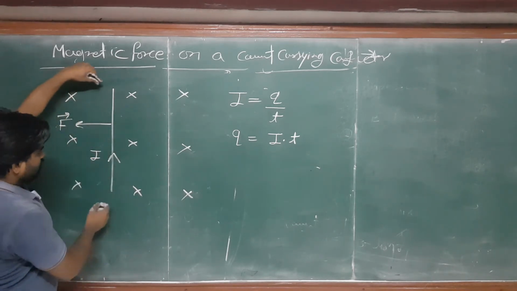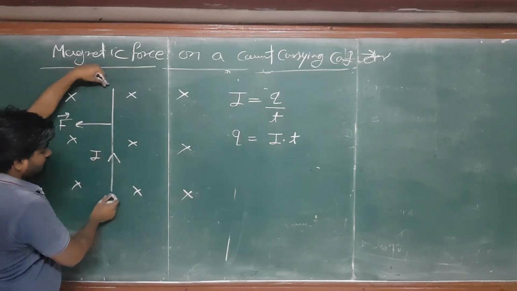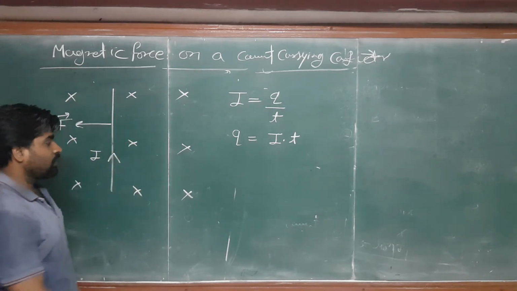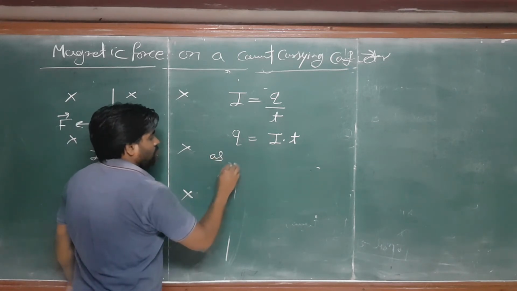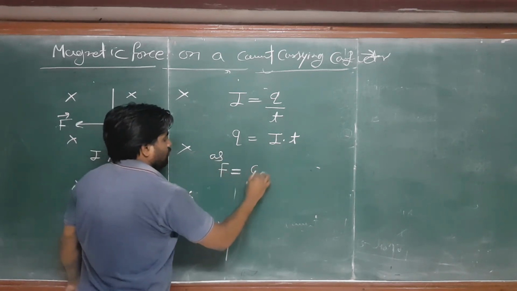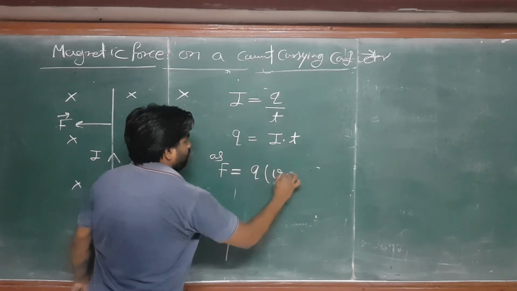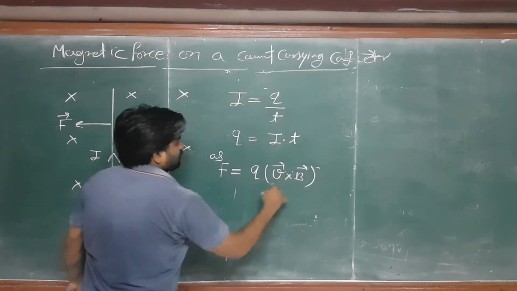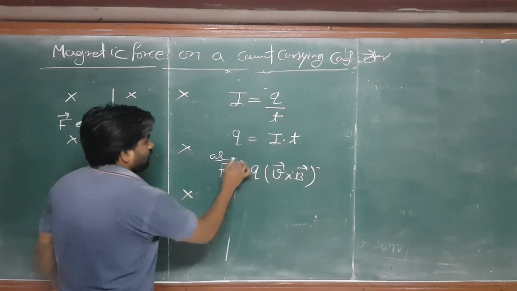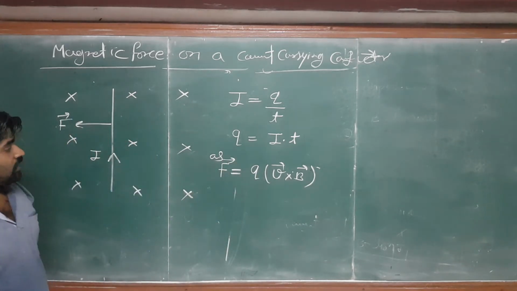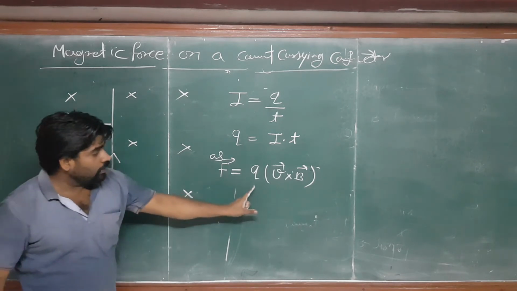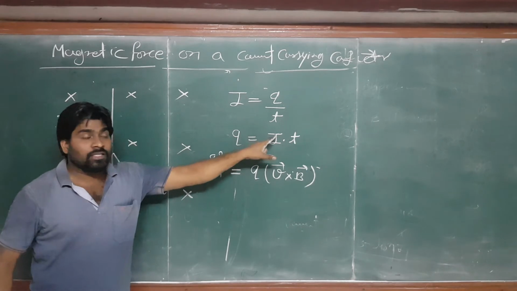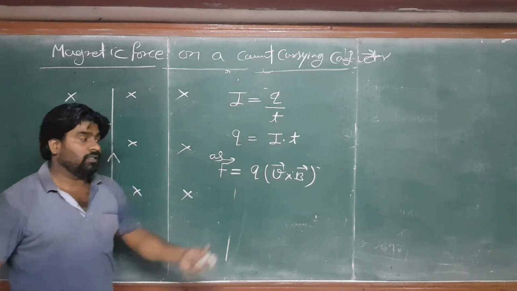If you keep these 2 points here, and the center point is fixed, it can rotate also. Now, as we know, the formula of the magnetic force working on a charged particle is QVB sine theta, but here QV sine theta I have ignored. In the vector form it is written. So the Q is not only the Q here, because the current is Q by T, so you can write Q as IT.